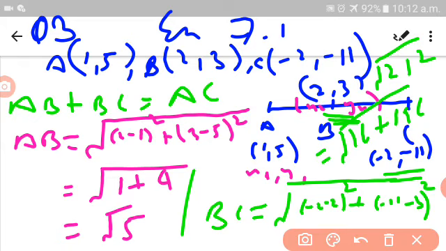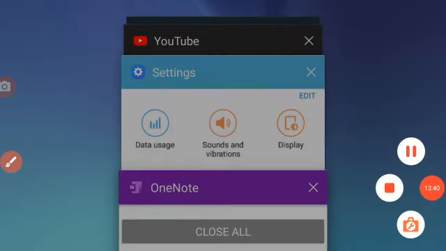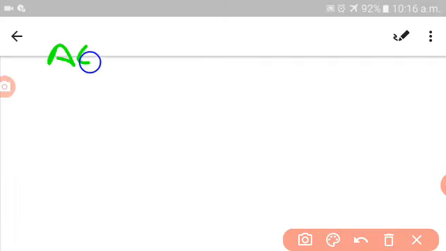Now we are going to find AC. We got AB as root 5 and BC as root 212.